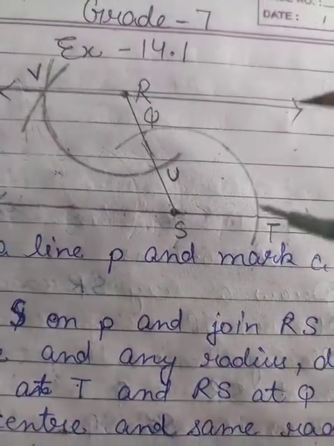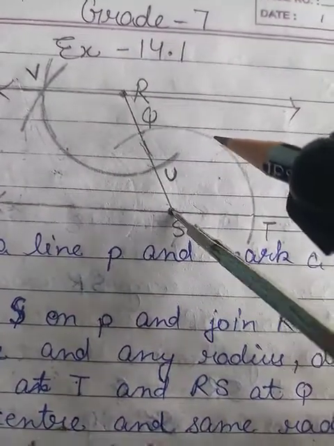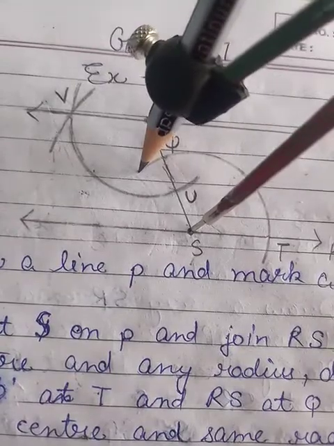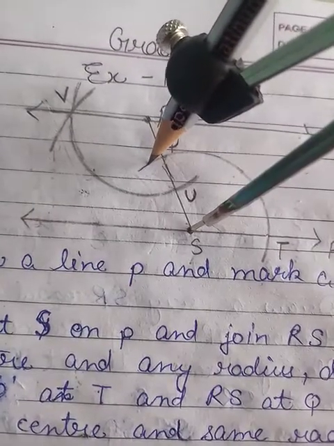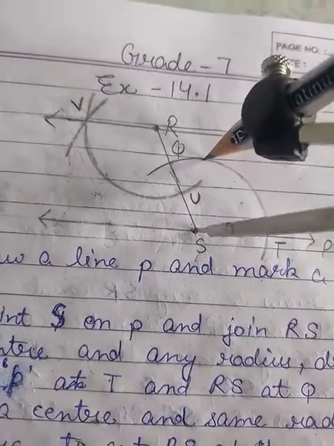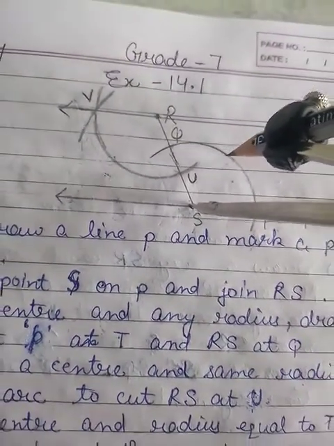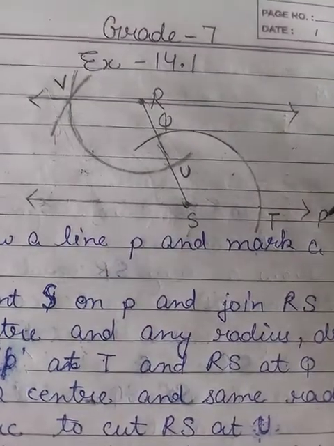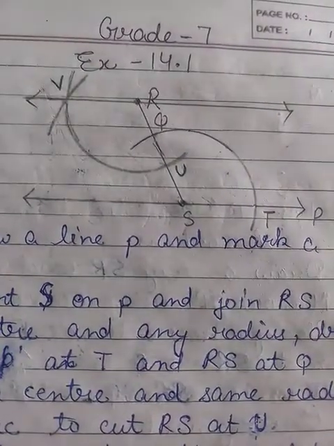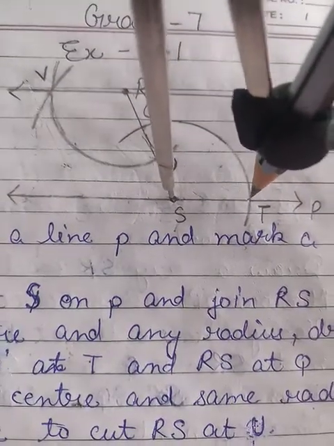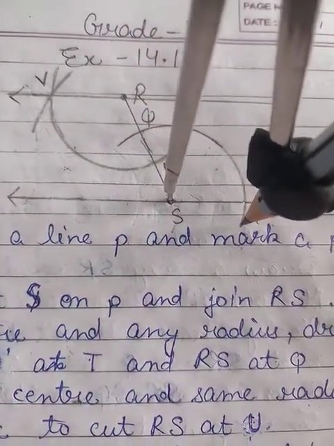Now by taking S as a center, I will draw an arc with any radius. Here I will draw an arc which will intersect RS at one point, and it should also intersect the line P at a point. I will again show you how to draw.